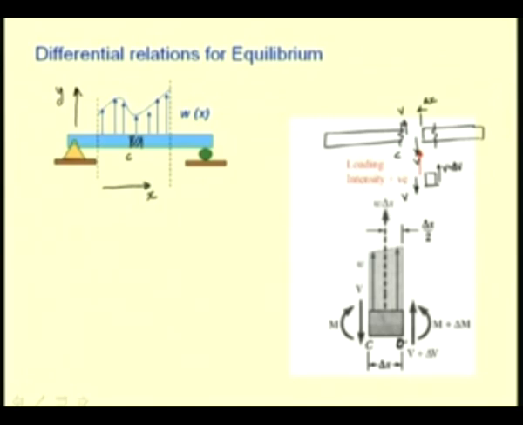So at C we have this shear force and bending moment all in the positive sense, and for a section D which is at a distance of delta x, we have the shear force and bending moment incremented by a small value delta V and delta M, and we have a loading curve, and the total load in this section is W delta x.